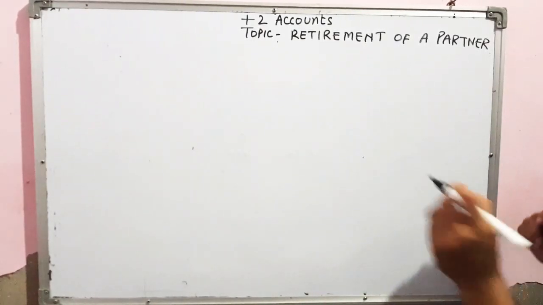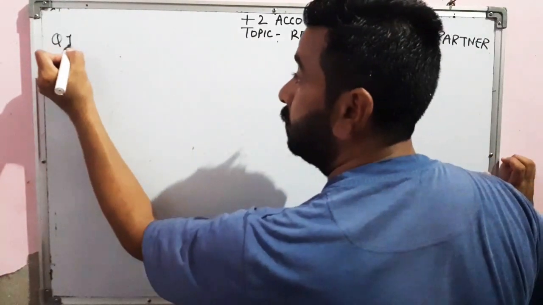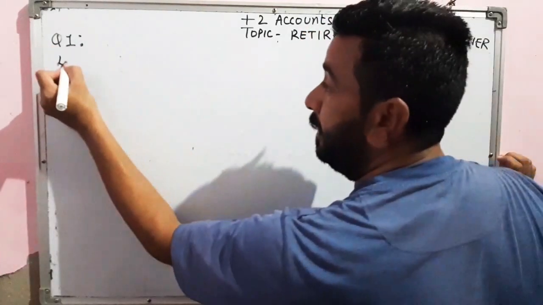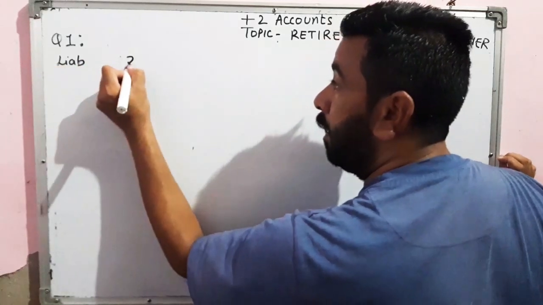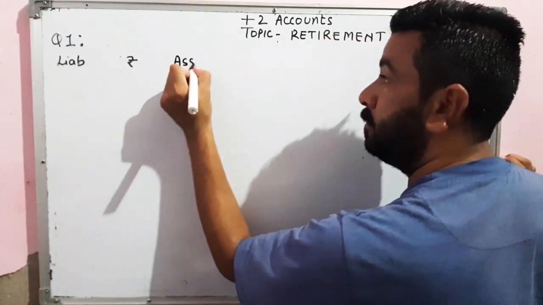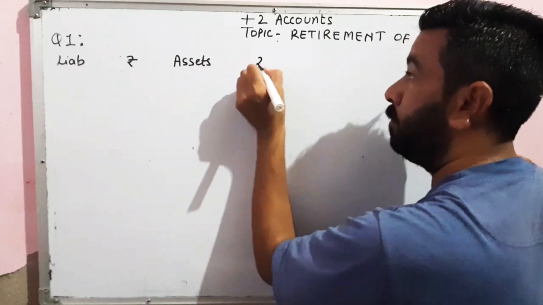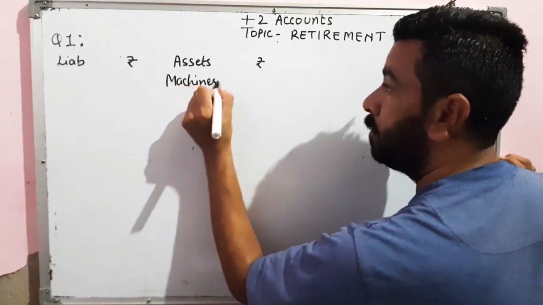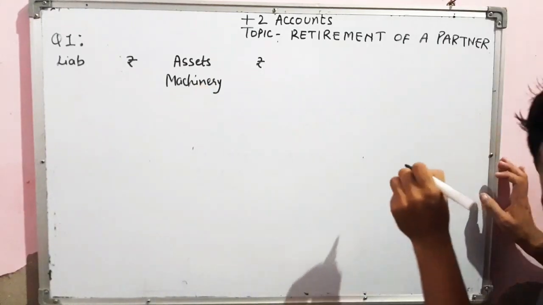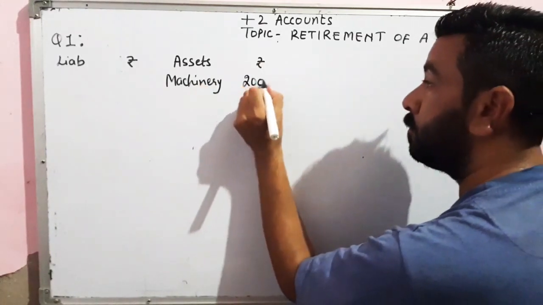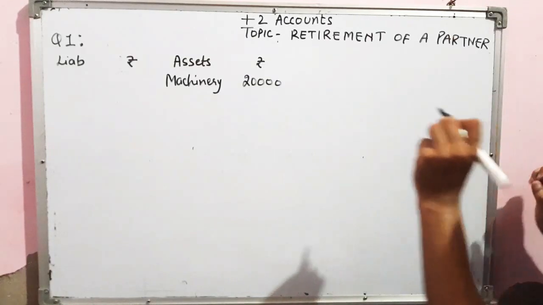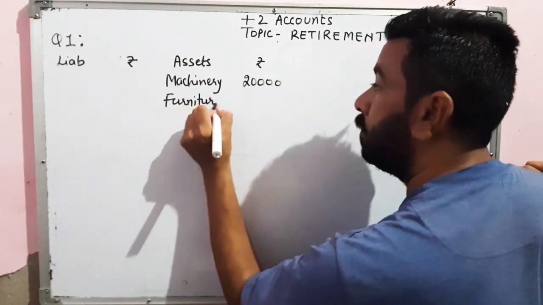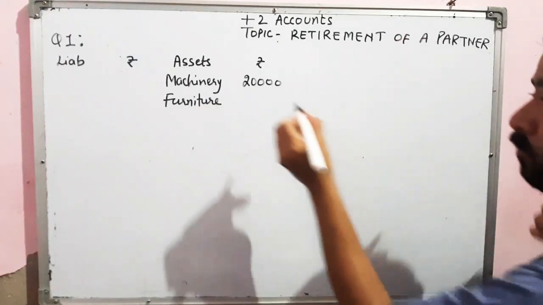For example, we have question number 1, where the balance sheet is given with liabilities, amount, assets and amount. Machinery's value is 20,000. Next, furniture's value is 1,000.